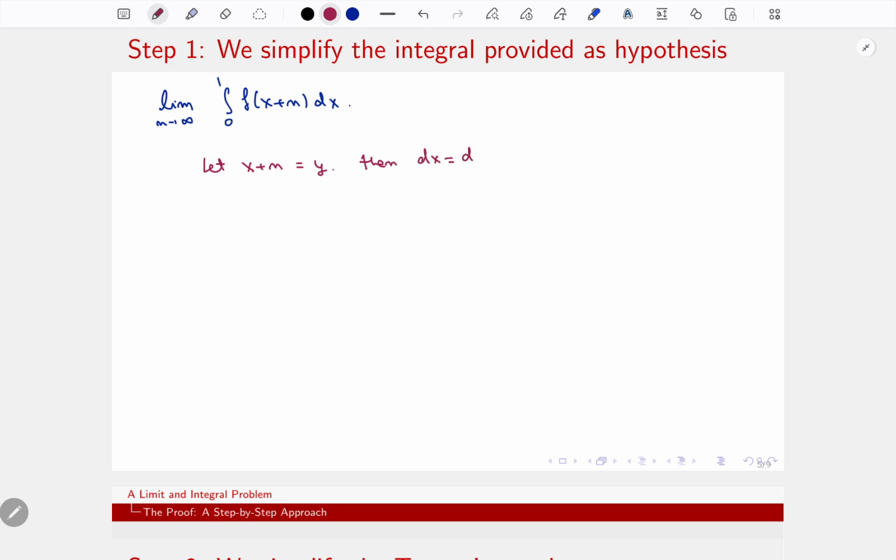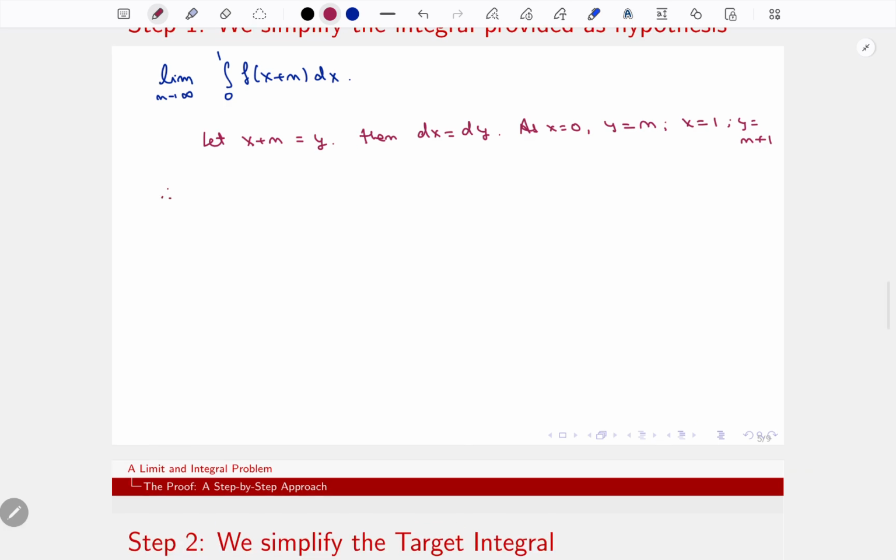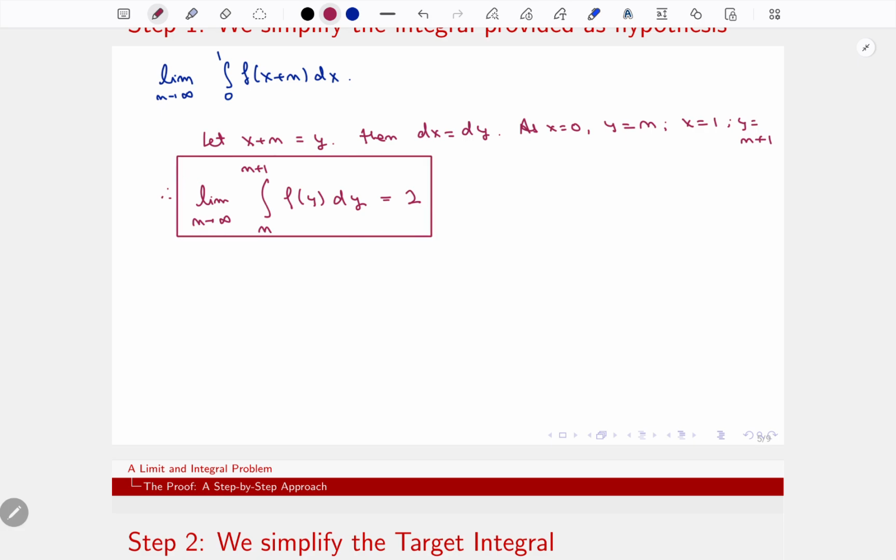Then dx is equal to dy, and as x equals 0, y is equal to n, and as x equals 1, y is equal to n plus 1. So I have the limit as n tends to infinity of the integral from n to n plus 1 of f of y dy, and we know that the value of this limit is 2. This is what we are going to use, so please keep this in mind. Let me just write it as star.